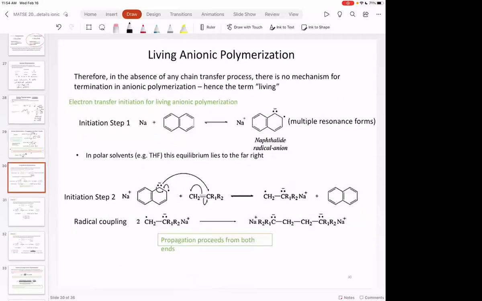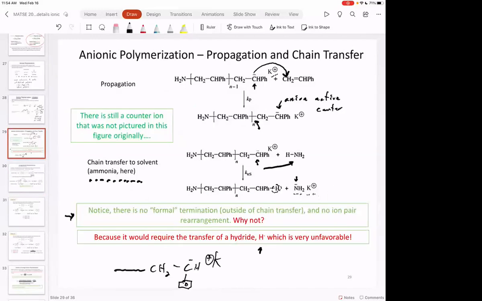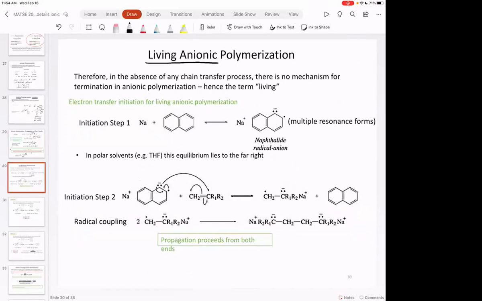So the type of anionic polymerization that we talk about most often is called living anionic. So if we don't have termination, if the chain never dies, you're living, right? And so in a lot of cases, this is called living anionic polymerization.